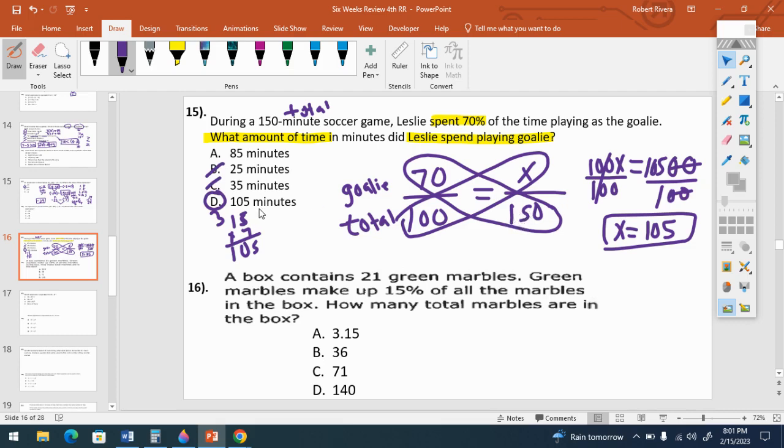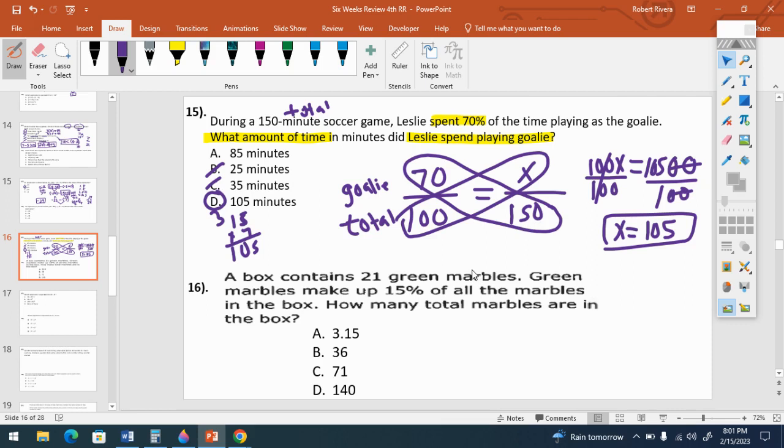But that 70%, that's most of the time. 50% of the time would be half of it. So obviously, she spent more than half, so it can't be these because these are not more than half. This is way less than half of the total game.